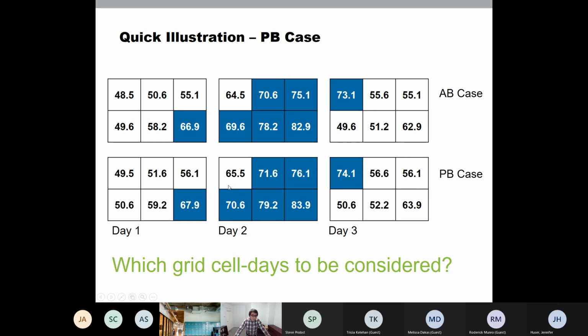Are we going to pull this back and put it into the entry pool for comparison? The answer is no. We only look at the attainment baseline case to pick up all those questionable grid cell days, and then we run the other two runs and compare the difference. So that is which grid cell days to be considered.